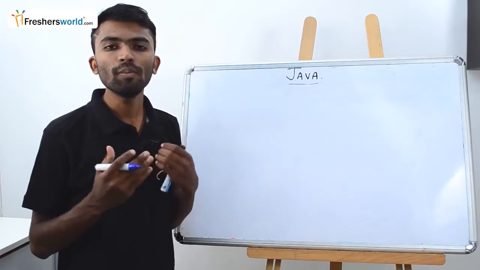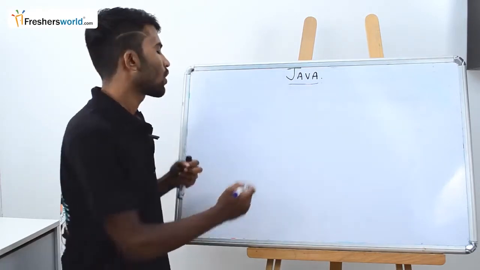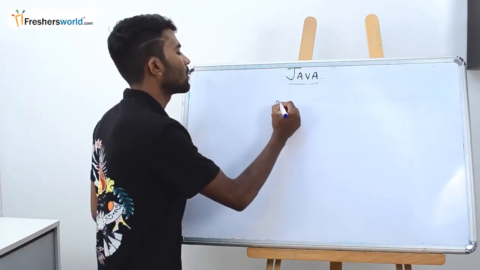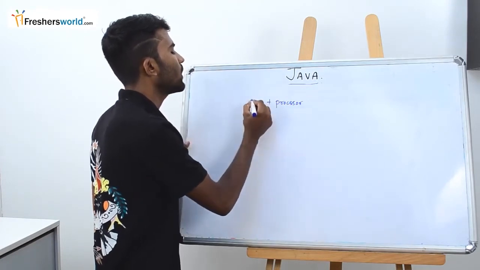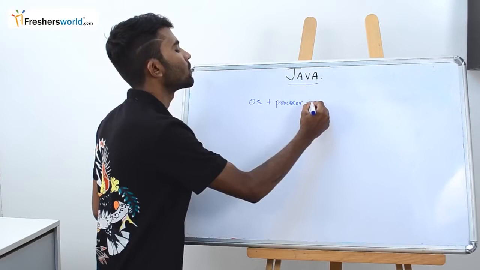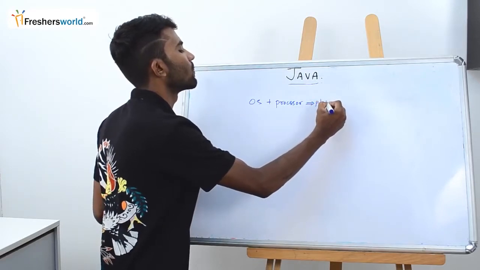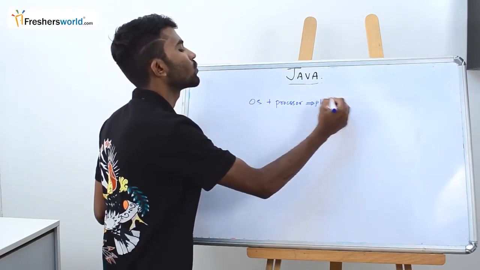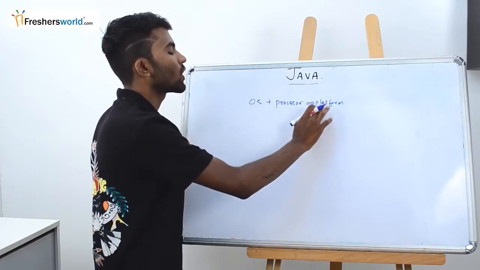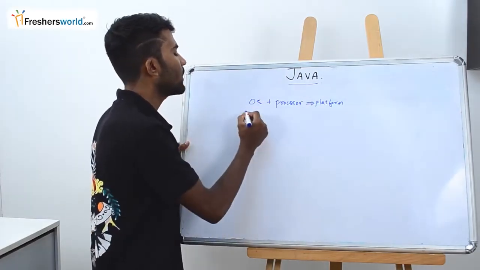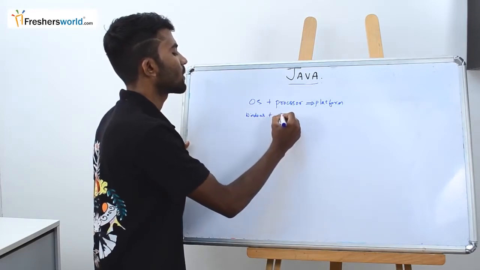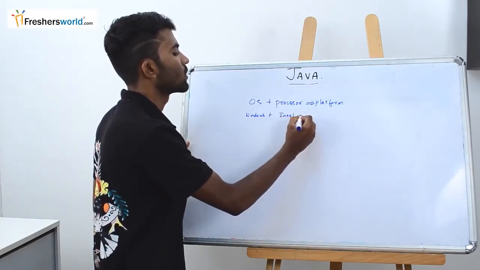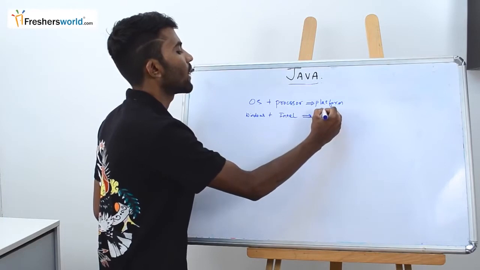The combination of the processor and the operating system is what we call a platform. So the operating system might be Windows, the processor might be Intel. This we call a platform.